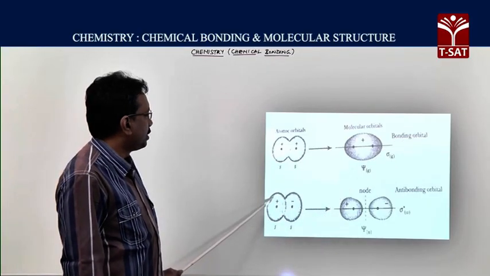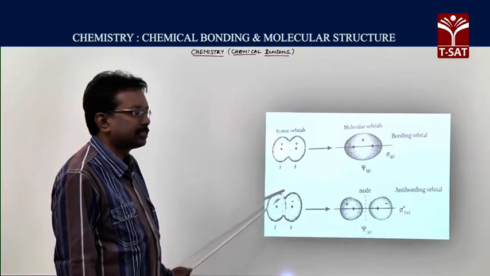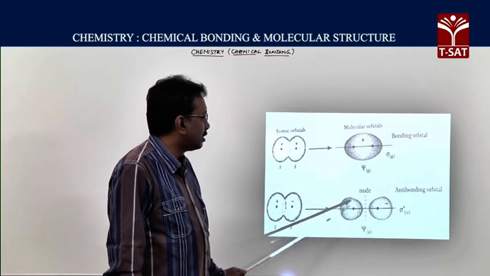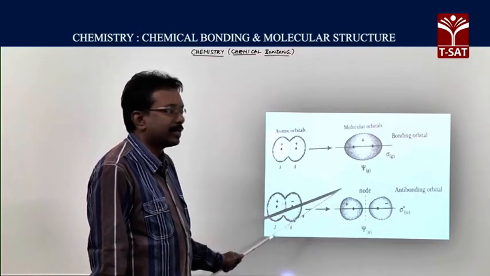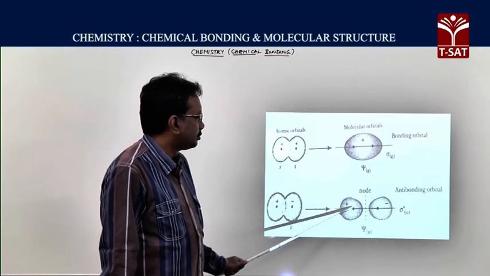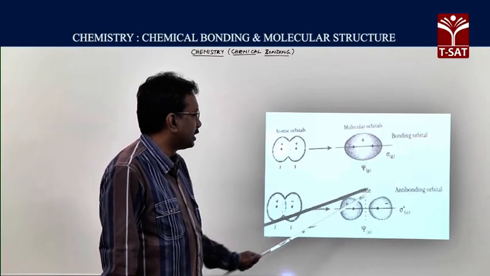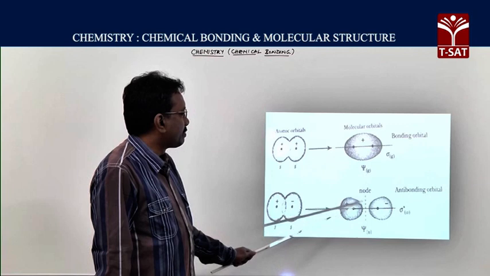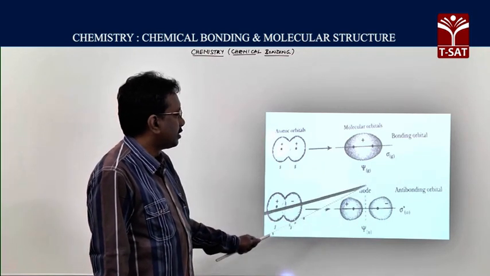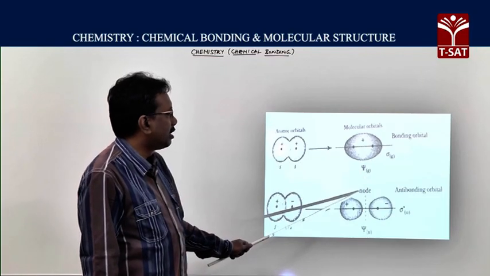Now plus over minus is called destructive interference, or electron waves out of phase, and it leads to the anti-bonding molecular orbital. In this anti-bonding molecular orbital, between the nuclei there is some type of repulsion. That means the electron cloud is away from the nucleus, and in between these two centers there is no electron density, called a node.